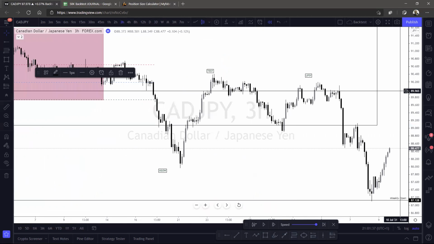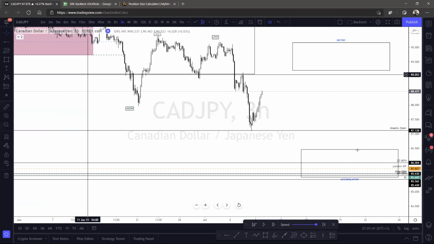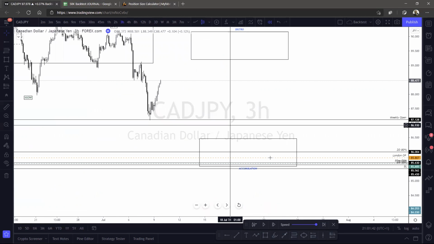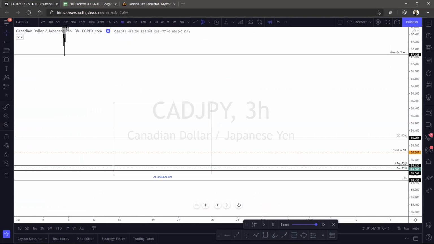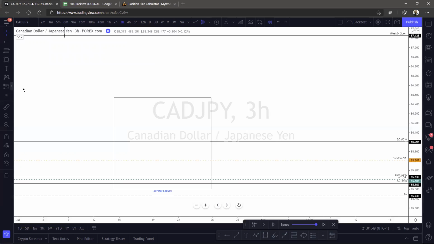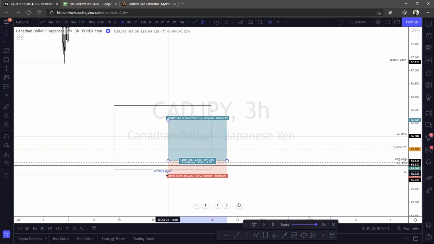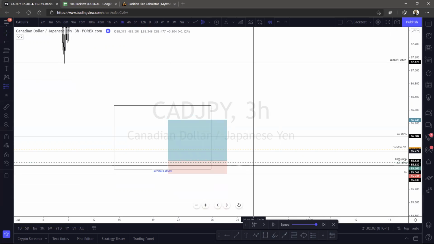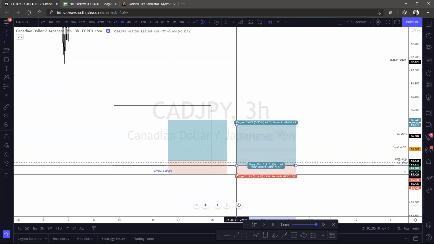Right. In the meantime, we're gonna go ahead and set a limit here. So we're gonna do one split entry here, stop loss there, and then we're gonna do another split entry here, stop loss here.